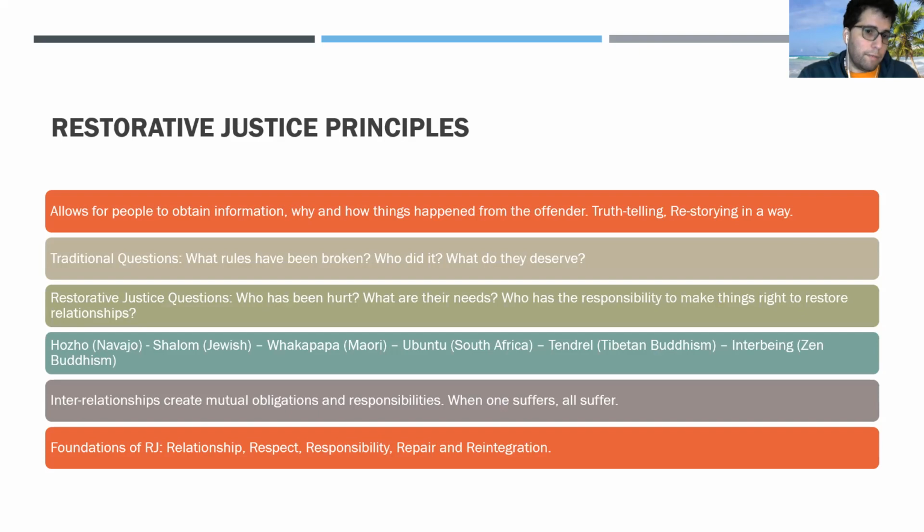So some of the principles of restorative justice, like we talked previously, we want to allow people to obtain information, why and how things happen from an offender, to tell their truth, to re-story in a way, because right now we have a narrative of what happened, and it's probably very, for both people, very one-sided. They did this because they don't give a shit. They did this because they don't see me as human.